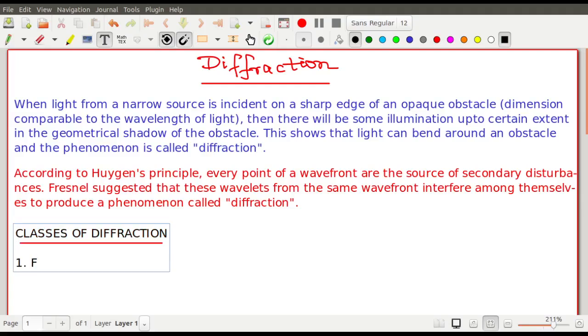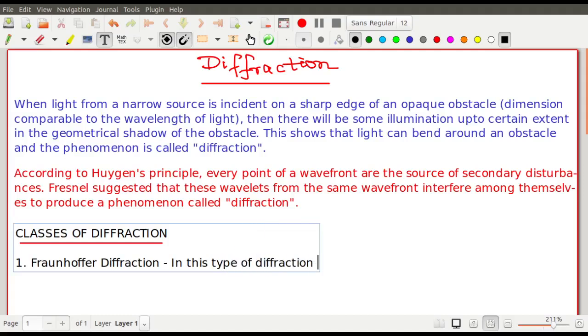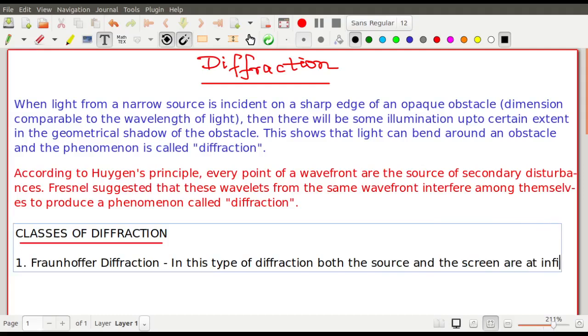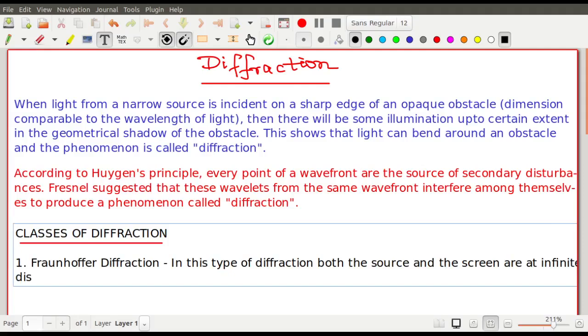So number 1 is the Fraunhofer diffraction. Fraunhofer is the name of a physicist who has worked on this. In this type of diffraction, both the source and the screen are at infinite distance from the obstacle or aperture.